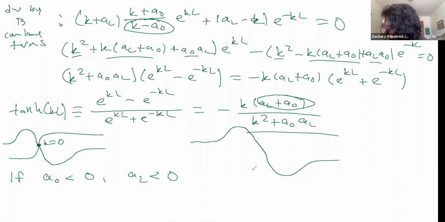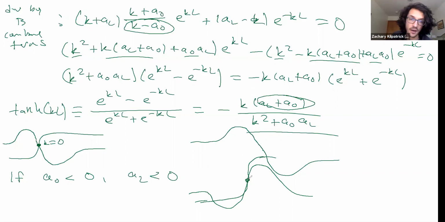And so in that case, this function looks more like this, right? And so I get an intersection like something like this with my tanh function here, okay?